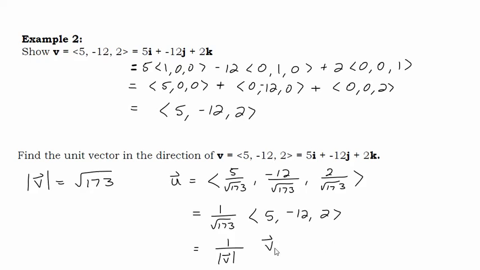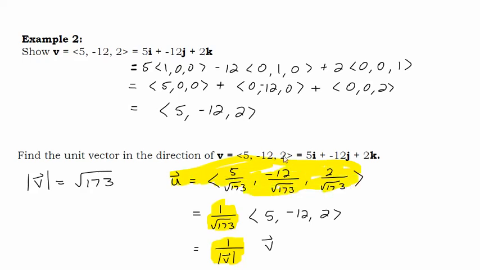Any vector that is vector v times some scalar is going to give you a vector parallel to v. Remember, this isn't a vector. You really got to get used to this notation. You see this magnitude of v here and you're like, oh, that's a vector. It's not a vector because it's got the magnitude symbol. It's actually a scalar. It's a real number that represents the length of that vector. So if we take a scalar times that, we're still parallel. So this is our unit vector that's in the same direction as v.